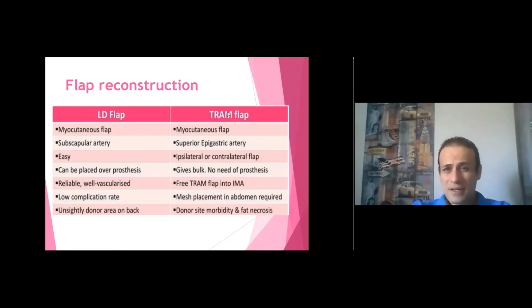The trunk flap is more complicated with more side effects, but it gives good bulk, with no need for an implant. If the patient wants only her own body tissue, we go through the trunk flap. If she is more flexible, then we go through the latissimus dorsi flap.